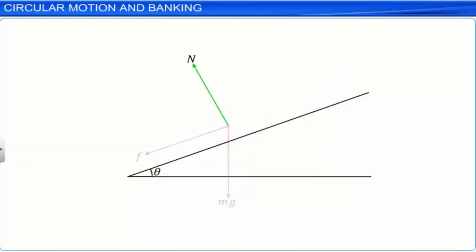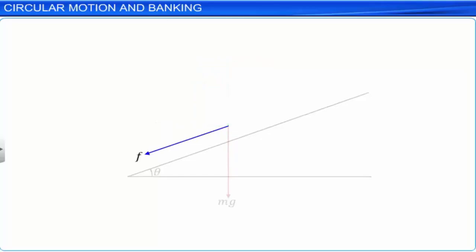We can resolve the normal reaction, N, into its horizontal component, N sin theta, and vertical component, N cos theta. Similarly, the frictional force, F, can be resolved into its horizontal component, F cos theta, and vertical component, F sin theta.